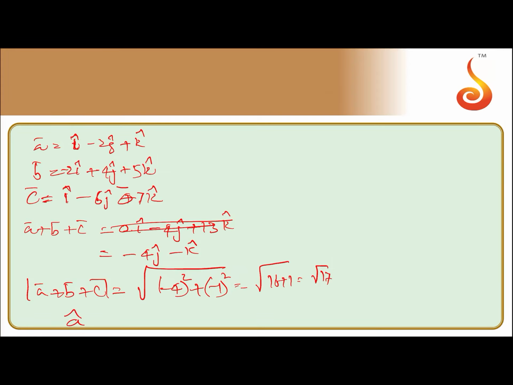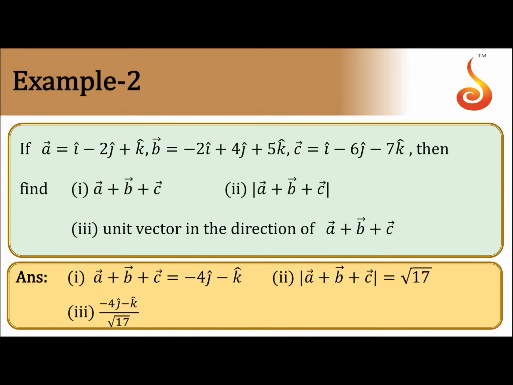And the unit vector in the direction of this one, n cap, is equal to the vector a plus b plus c divided by its magnitude, that is 1 by root 17 times minus 4j minus k. So that's about the n cap vector.